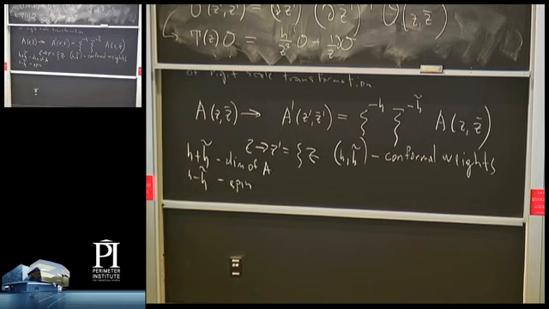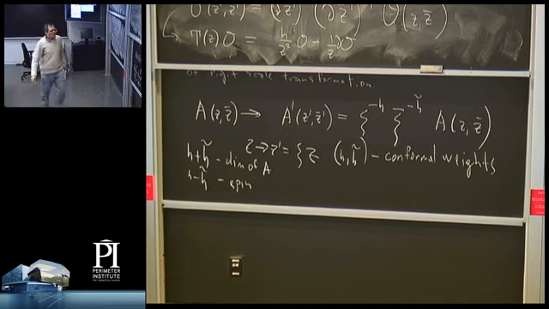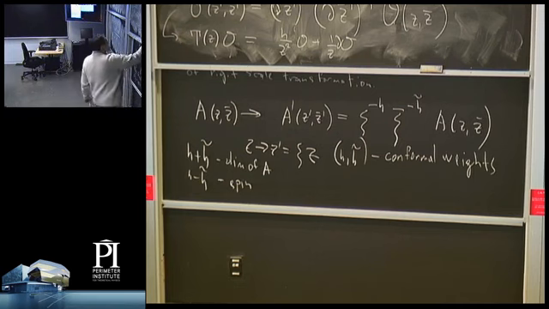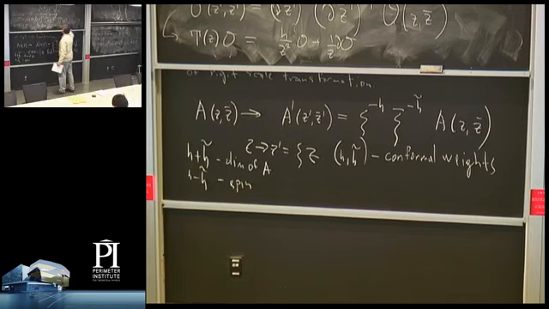As far as the singular piece is concerned, those primary fields or tensor operators have singularities 1 over z^2 and 1 over z. And moreover, the most singular piece clearly specifies the conformal weights of my operator, plus non-singular terms. I'm going to derive this for you after the break.